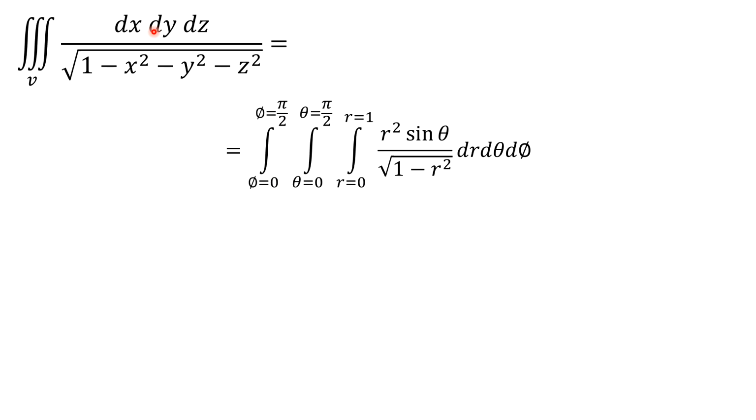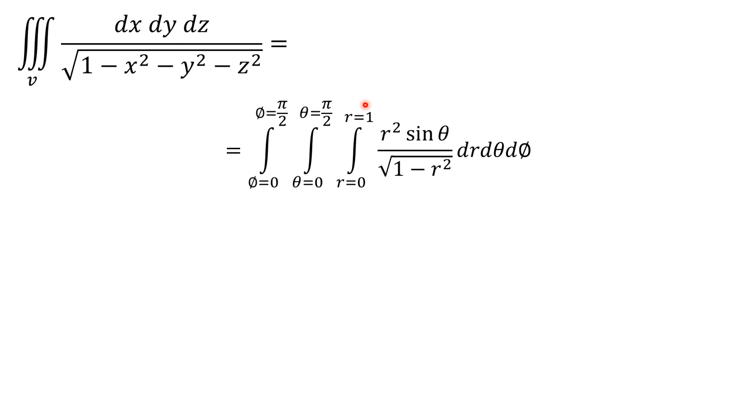When we use spherical polar coordinates, going from Cartesian to polar, dx dy dz get replaced by r square sin theta dr d theta d phi, where r square sin theta is the Jacobian of xyz with respect to r theta phi. We take the modulus of that Jacobian. So that is r square sin theta divided by under root 1 minus r square, since x square plus y square plus z square is r square.